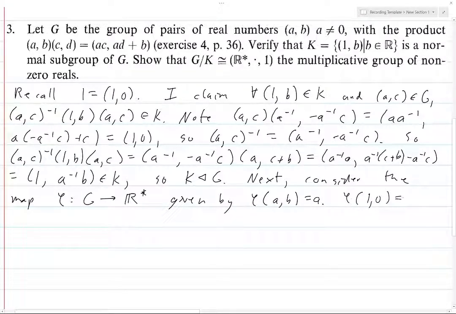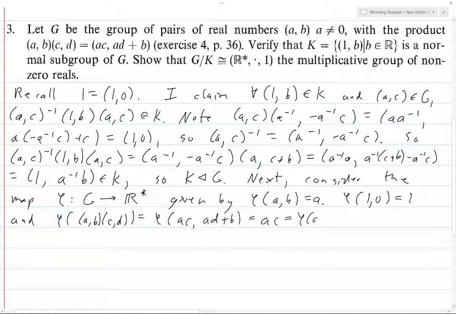Phi of (1, 0) is just 1, and phi of (a, b) times (c, d) is phi of (ac, ad plus b), which is just ac, but that's phi of (a, b) times phi of (c, d), and so phi is a homomorphism.